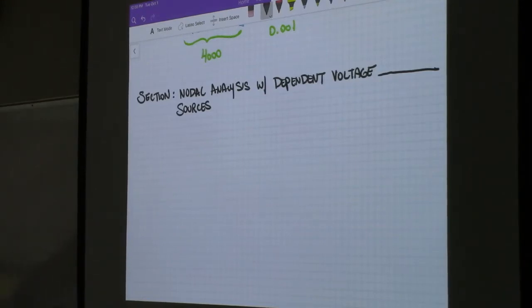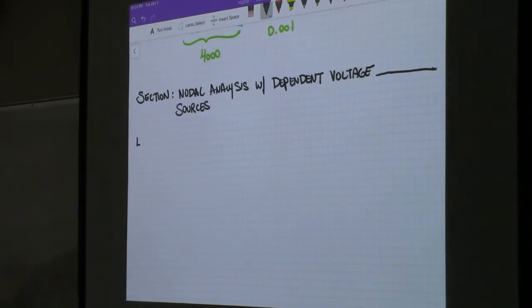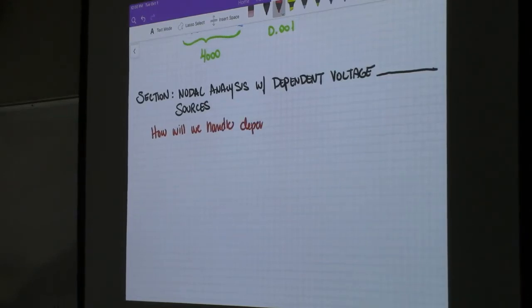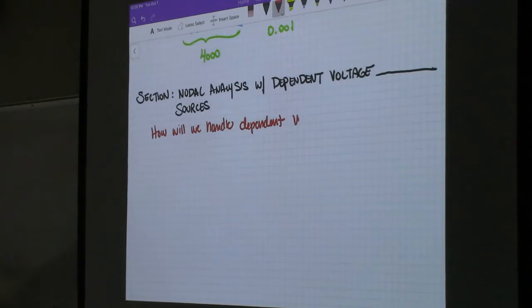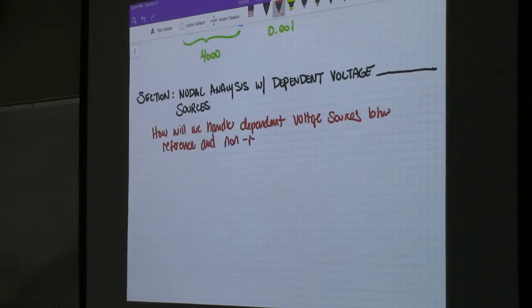Like we've done a lot of other times, actually let me write that down. So how will we handle dependent voltage sources between reference and non-reference nodes?